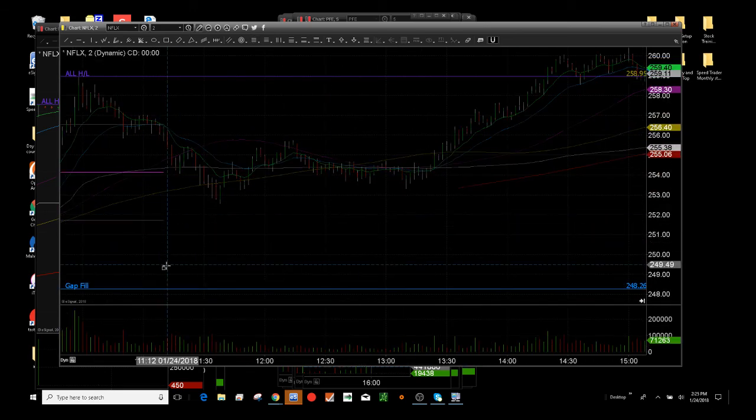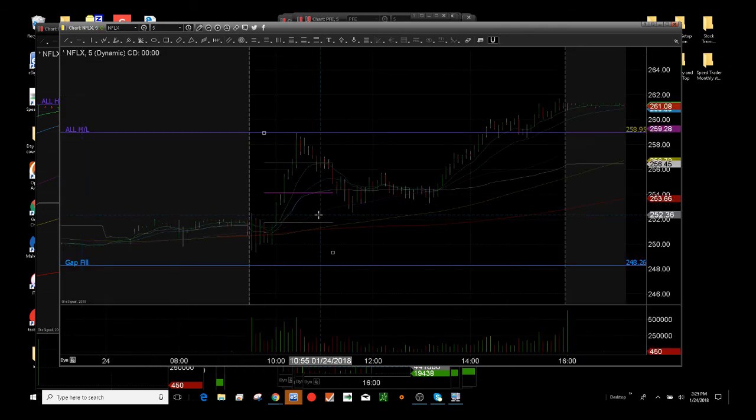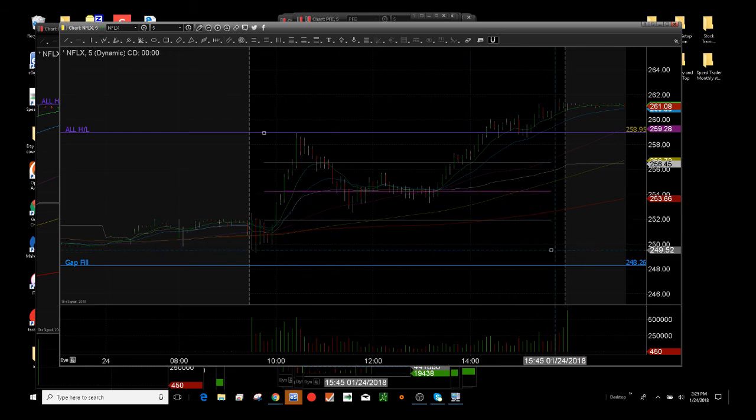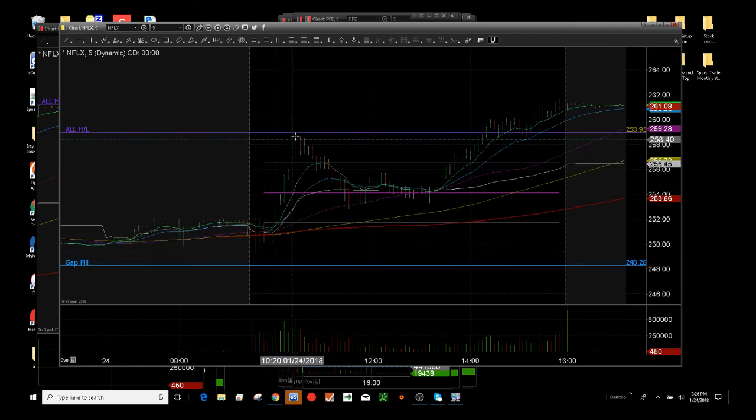If you take this 5-minute chart here, these lines that I'm drawing are basically an extension. I'm going from the low of day to the high, and what this purple line represents is a 50% retracement between here and here, from the low here to the high.